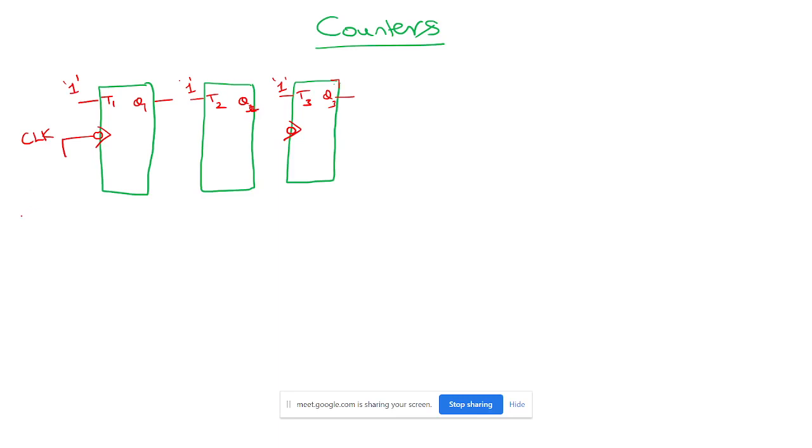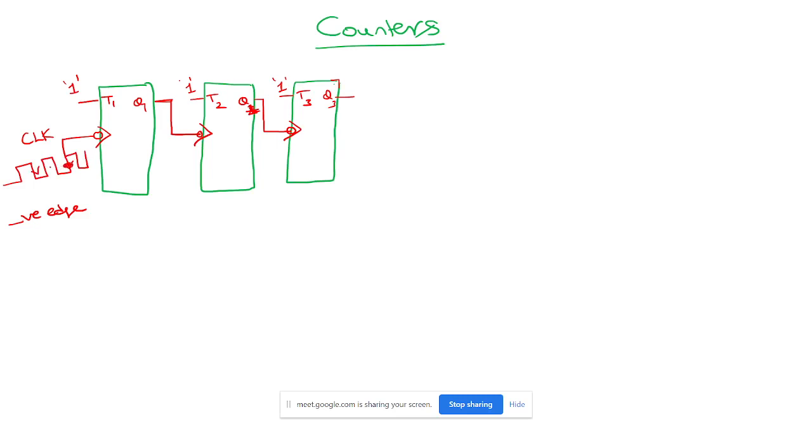Very good. Negative edge triggered, right? Then I'm connecting Q1 as the clock to the next flip-flop, flip-flop 2, and Q2 as the clock to the next flip-flop. And this clock will have a lot of edges, negative or positive. I'm concerned about the negative edges.